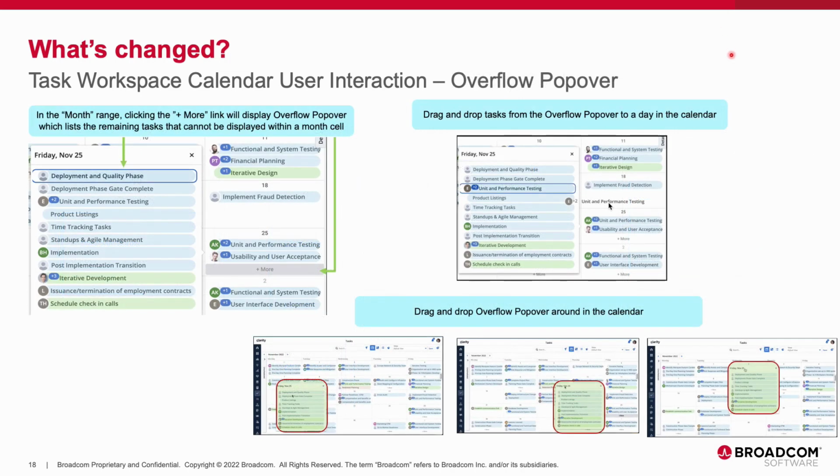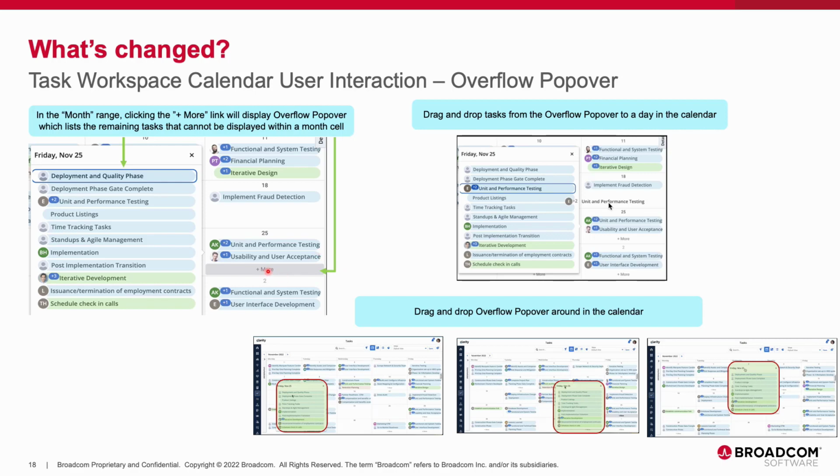Next I'm going to discuss the overflow popover on the calendar. This applies to the month range display, in that, say for example, we have too many card items to display within one cell.